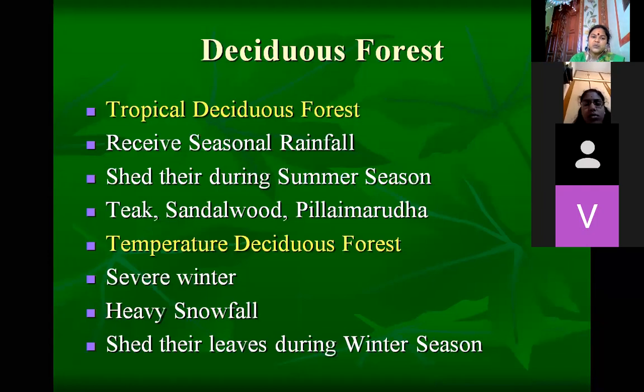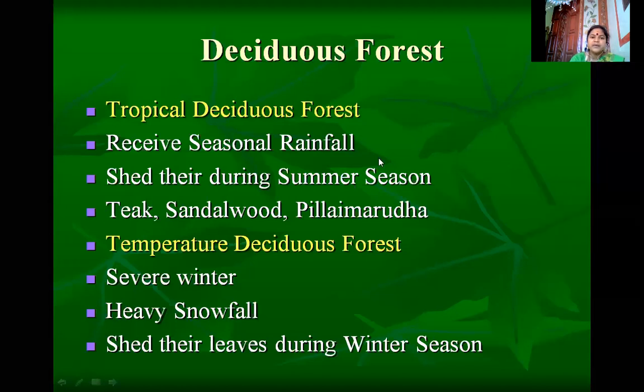In tropical deciduous forests, they receive seasonal rainfall and they shed their leaves during summer season. And we could see teak wood, sandalwood, pillai marudam trees, etc. And in temperate deciduous forests, we could see severe winter, heavy snowfall. They also shed their leaves during winter season.